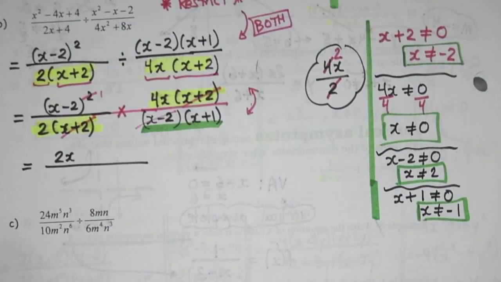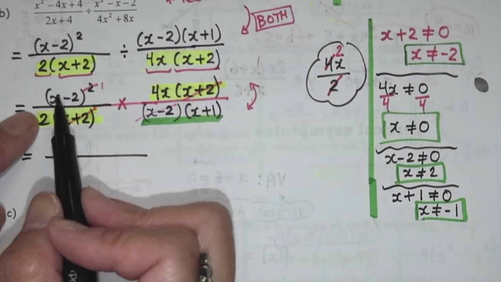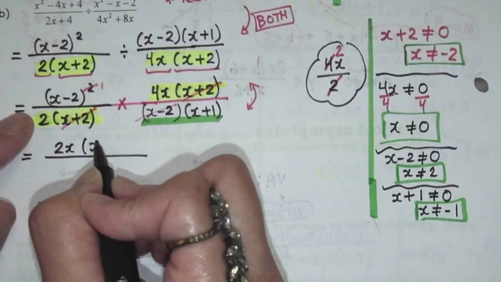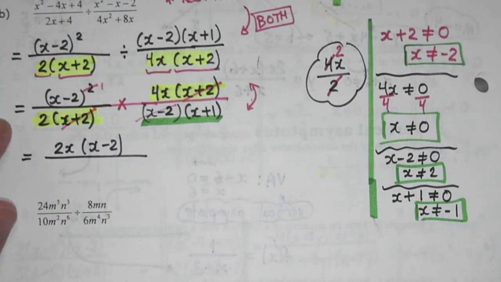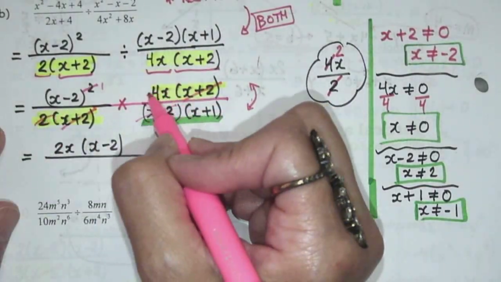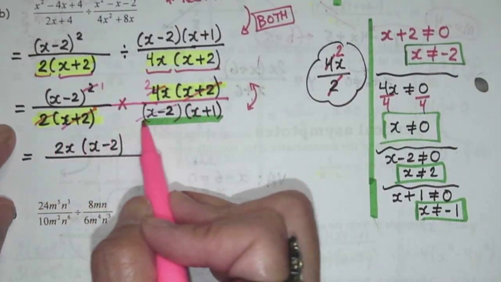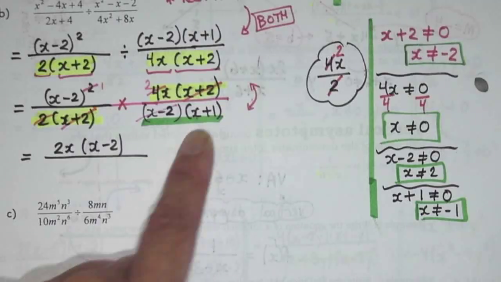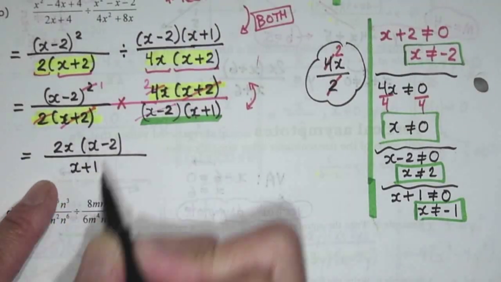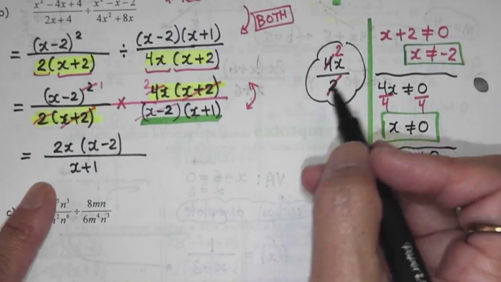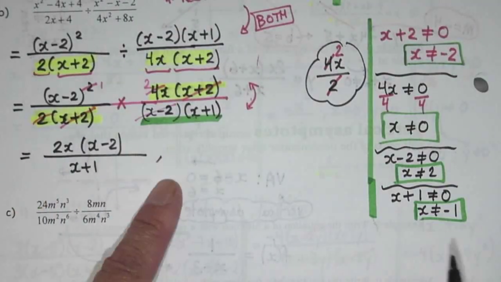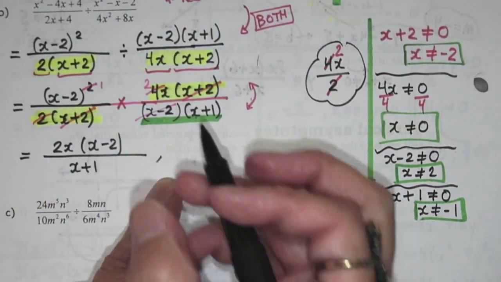So my monomial's on the top. I have one of these brackets, x minus 2, right? I already grabbed this and this is canceled. So I just made that 2 like that. I did that on the side. Gone, gone. Oh, and x plus 1 on the bottom. Does that make sense? All right, so don't forget the monomial. Oh, I have to list all my restrictions.